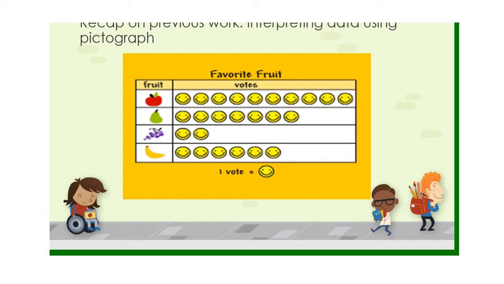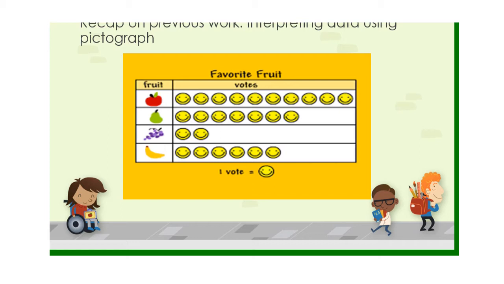So we also learned about the importance of looking at the key. Why is the key important? Okay. So we said that the key is important because it gives us or shows us information about the items or the number of items in the data. Okay. And we also said that it is important because, yes, that's correct.